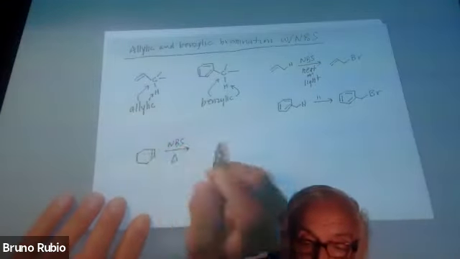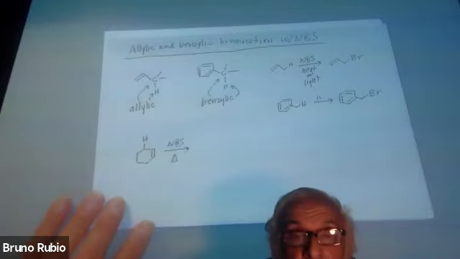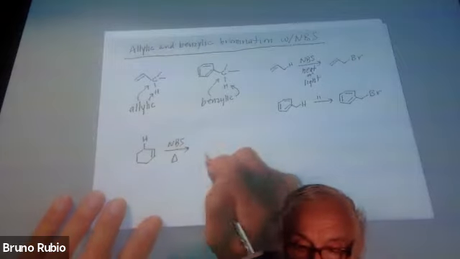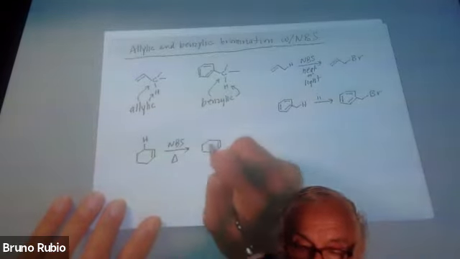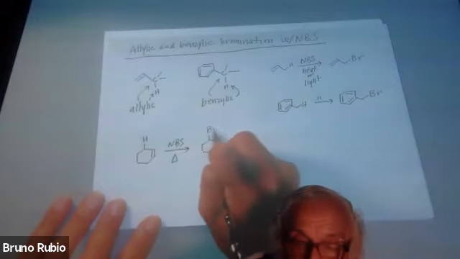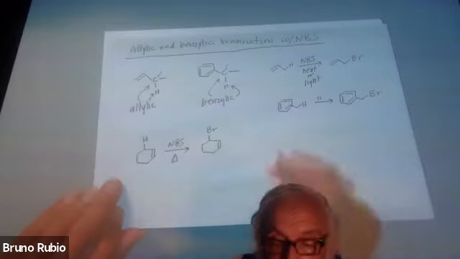So this is an allylic position. There's an allylic hydrogen, right? And so NBS replaces a benzylic and allylic hydrogen with bromine. So that would be the structure of the product there. Okay, let's try again.